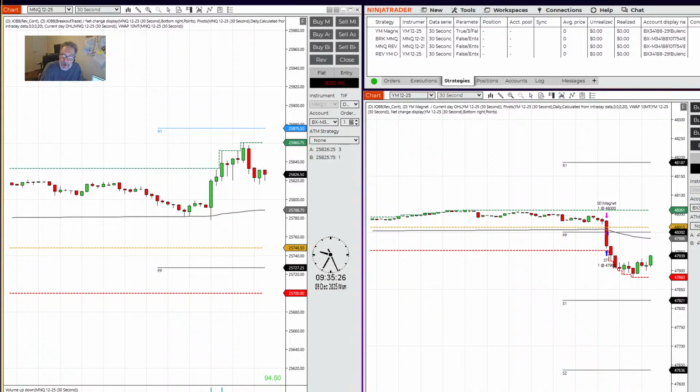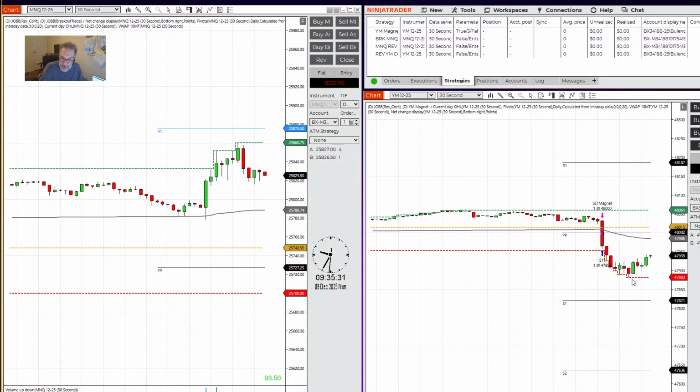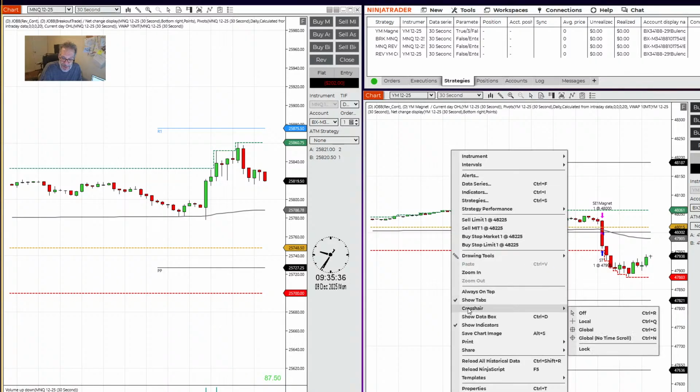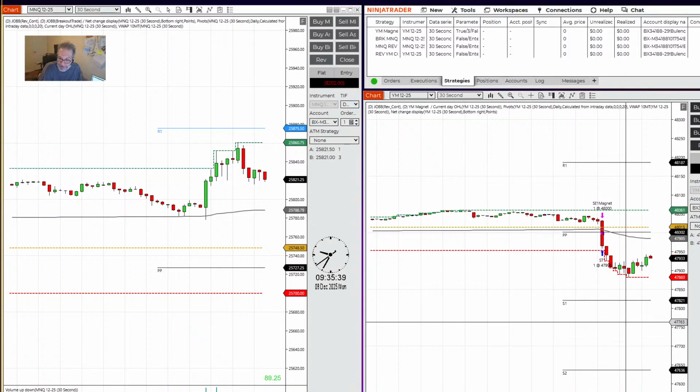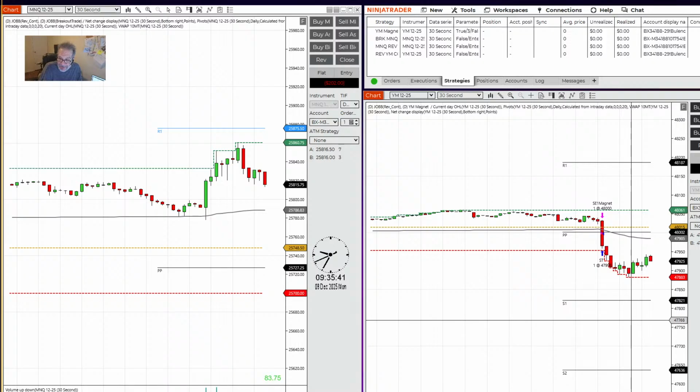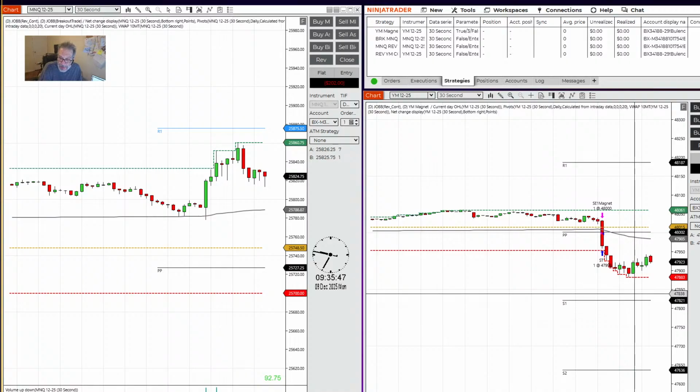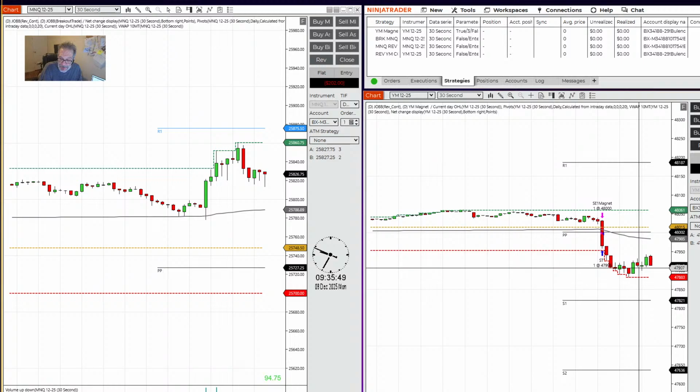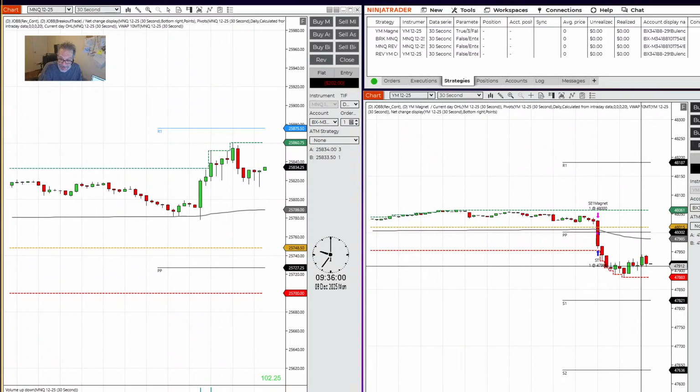All right, so before we go, I want to run that test. So the YM is doing the reversal. Where would you maybe have gotten in if you took it? This candle was the first signal. It's not a very big trade yet because I probably would not have entered on the red candle. And let's say you entered on the doji candle, which it's not quite a doji, but it's close.